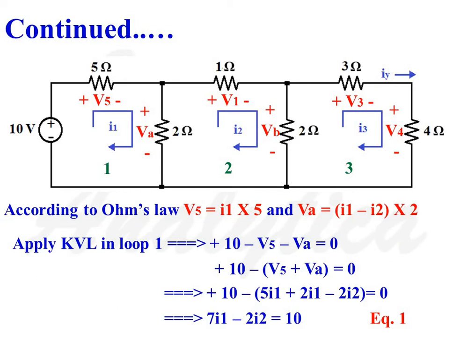Apply KVL for loop 1. In loop 1 there are 3 voltage terms: 10 volt voltage source, voltage drop across 5 ohms resistance and voltage drop across 2 ohms resistance.